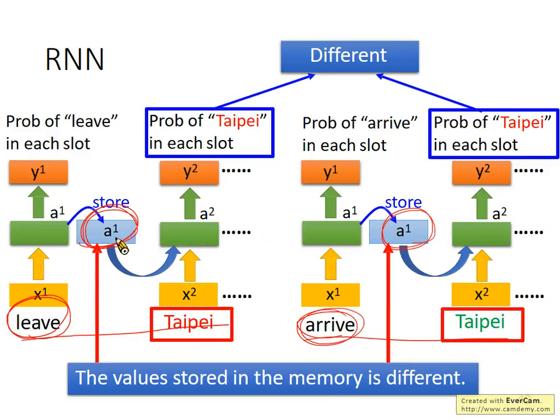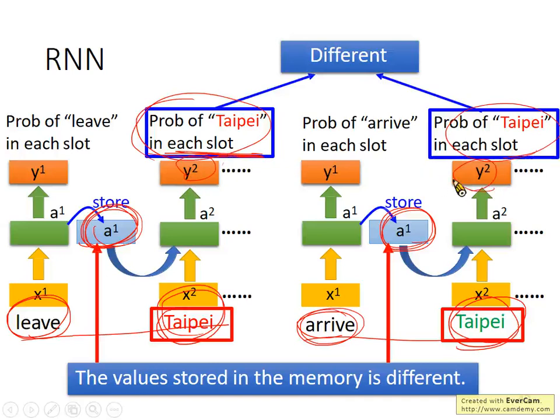So the information stored at A1 is different, so that we may be able to output different results, although the input words are all type A. We may have different output at Y2. This is why RNN can be used to do better slot filling.